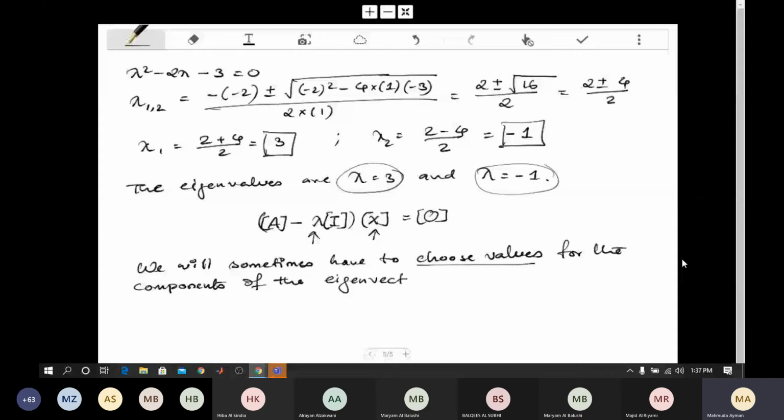Okay, so while searching for eigenvectors, sometimes you have to choose some values for some of the components.